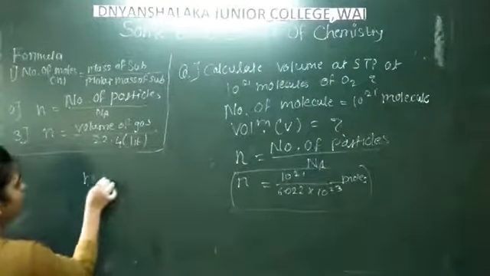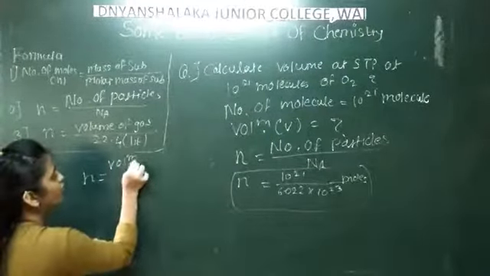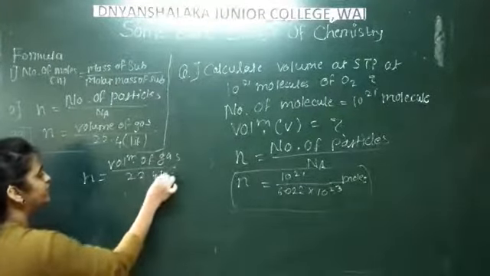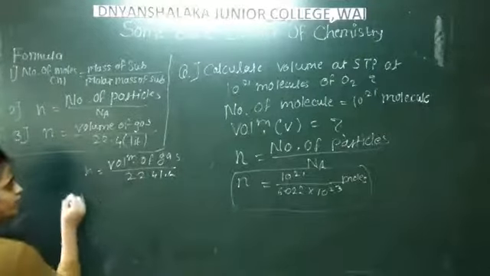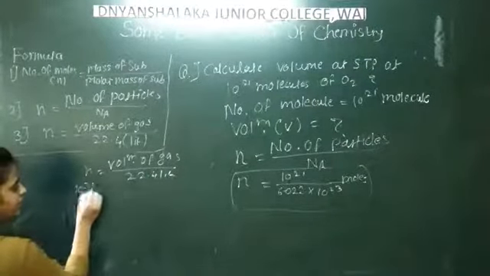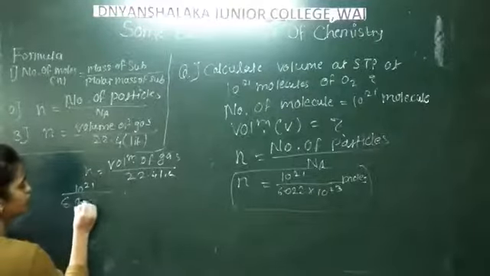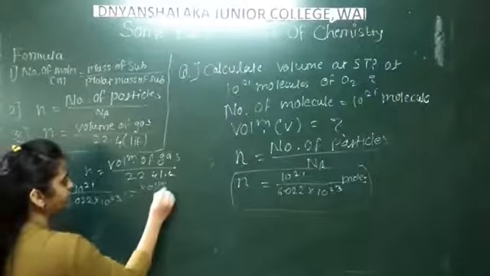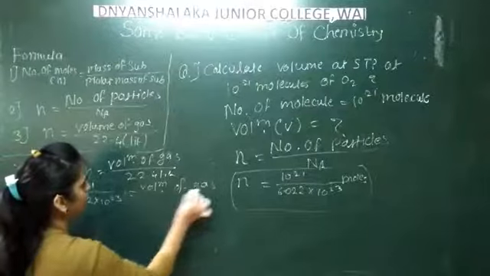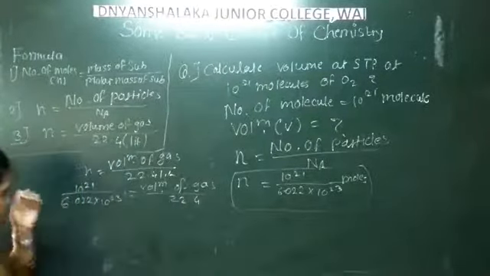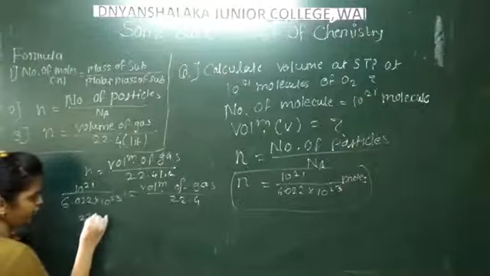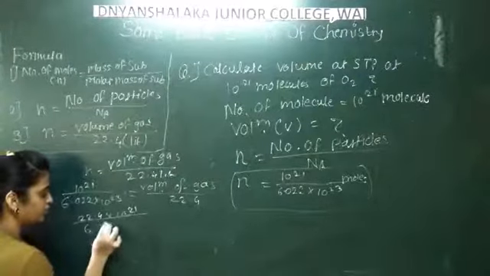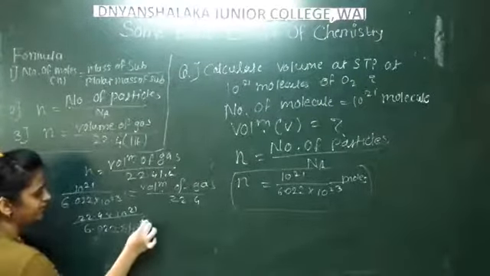So we use the third formula: n is equal to volume of gas upon 22.4 liter. So n, calculated as 10⁻21 upon 6.022 into 10⁻23 moles, is equal to volume of gas upon 22.4. On rearranging, we get 22.4 into 10⁻21 upon 6.022 into 10⁻23.